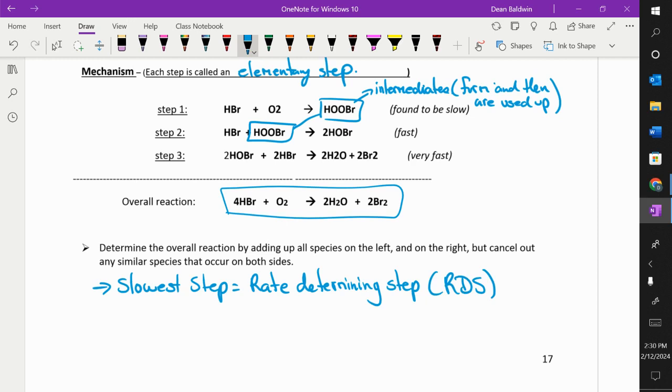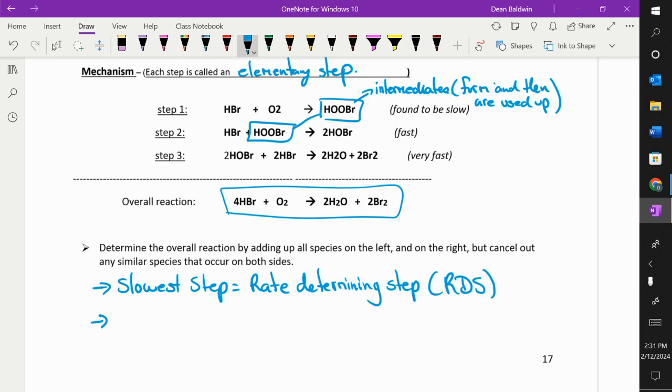I'll say RDS for short. What happens to the rate if I increase the speed of step 2 or 3? If I speed up step 2 or 3, what happens to the overall rate of the reaction? It doesn't change. The only way to speed up the rate of a reaction is to change the rate determining step.